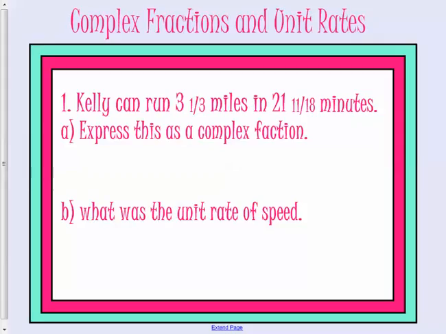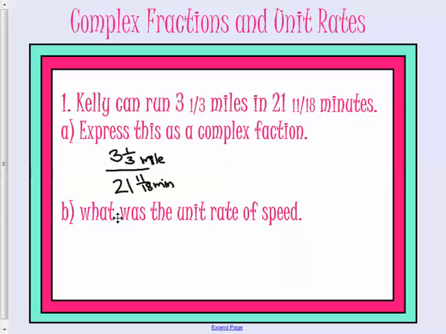Okay, so how do we use complex fractions to help us with unit rates? Kelly can run 3 1/3 miles in 21 11/18 minutes. So this is miles per minute, but in this case, we have it as a complex fraction.